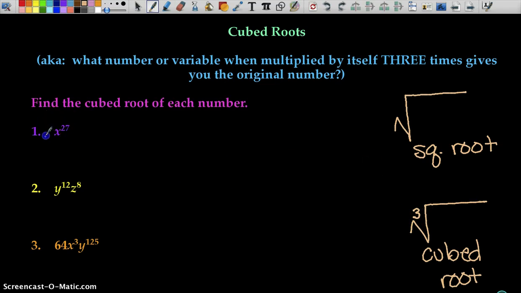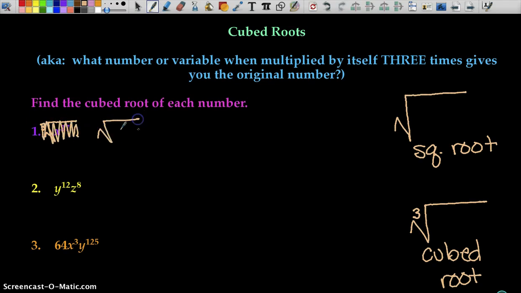So if I wanted to take the cubed root of x to the 27th, I would want to know what variable, x to what power, would give me 27 when I multiplied them. Well, in this case, if we take x to the third and multiply it by x to the third, no, that's not true. I'm sorry. Ignore that. I wasn't supposed to make this x to the 27th.